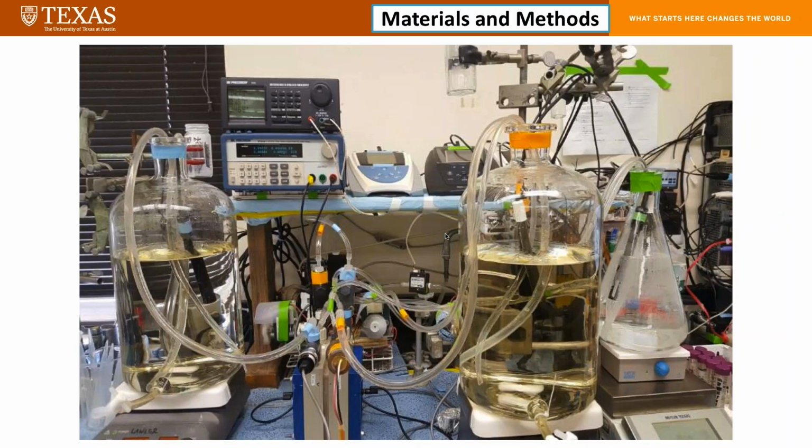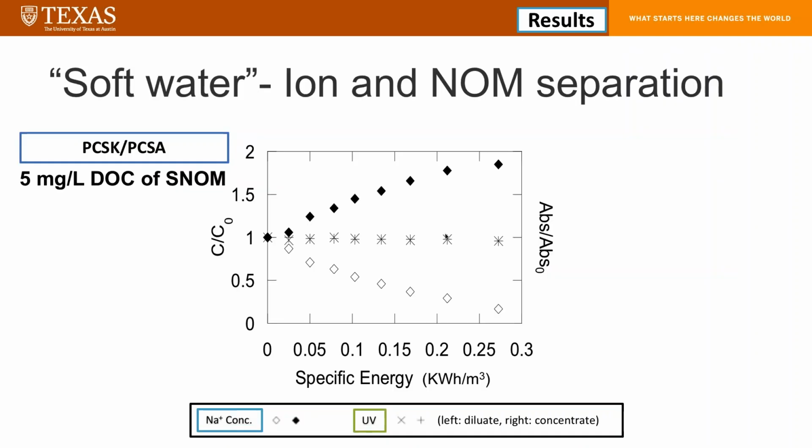Here's the full experimental apparatus photo, and here's the result of the soft water. I'm going to talk about the PCSK and PCSA membrane with the 5 milligram per liter DOC of the Swanee River case first. The left y-axis is the concentration ratio, and the right y-axis is the UV absorption ratio.